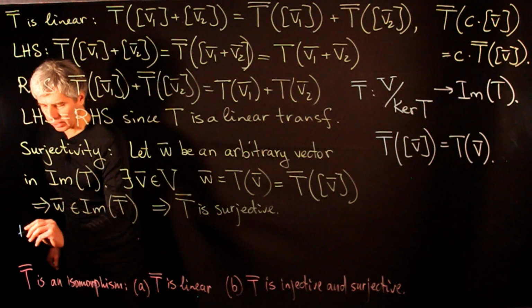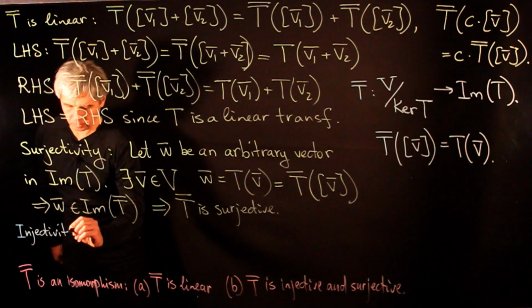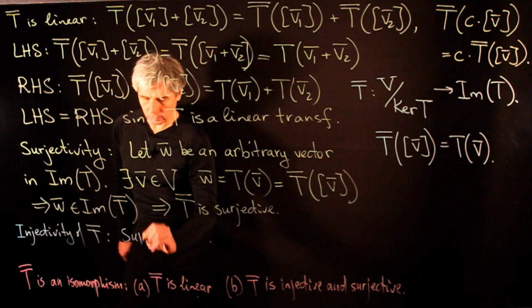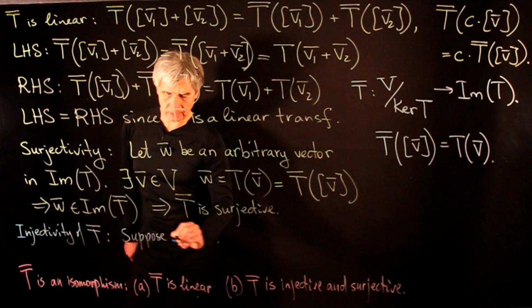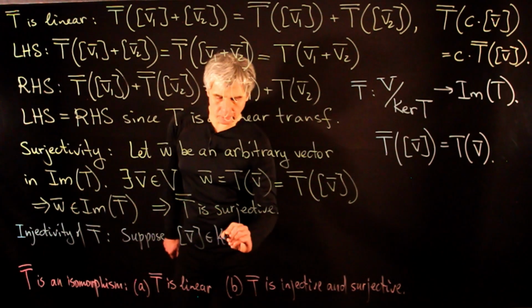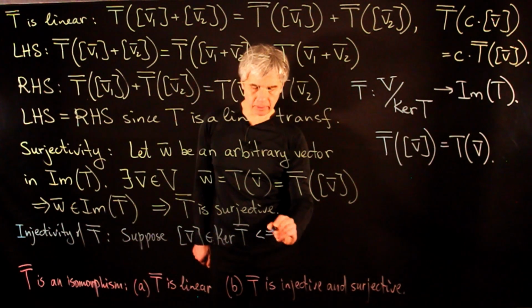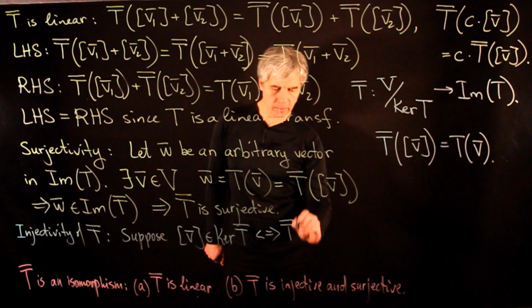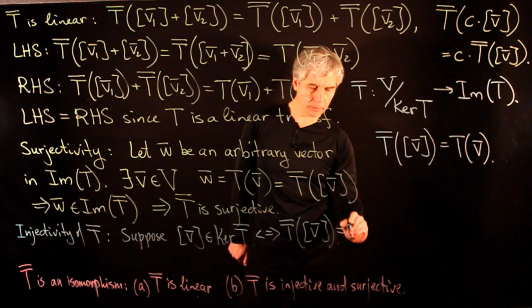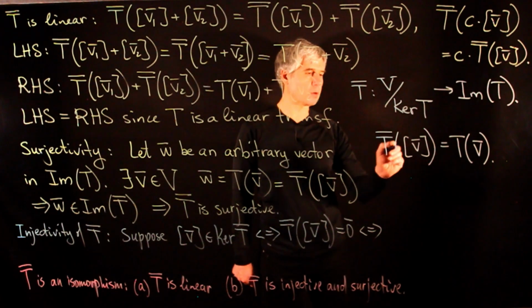And let us prove injectivity of T bar. Suppose some class of V belongs to the kernel of T bar. So this is equivalent to saying that T bar of this class is equal to 0. But what is our definition of T bar of a class?